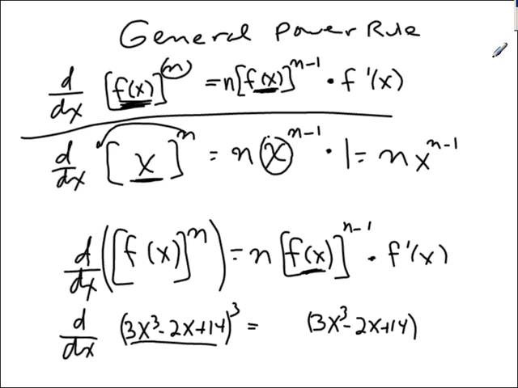You play the power game. This 3 comes in front, the new power is 1 less, times the derivative of what's in here, which is not 6, sorry, 9x squared minus 2. 9x squared minus 2. There's your answer.